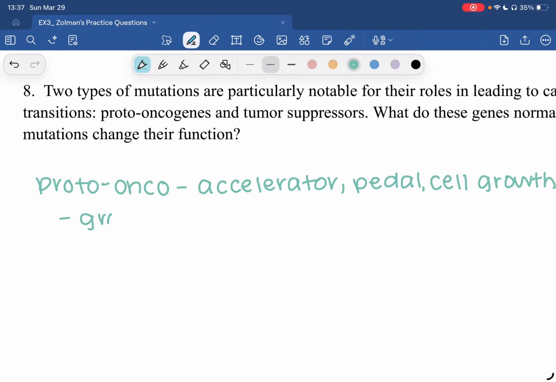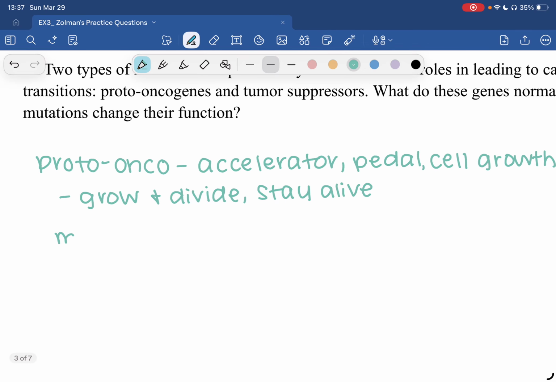So grow and divide, or just simply stay alive. When there's a mutation though, that is when you get just the name onco.